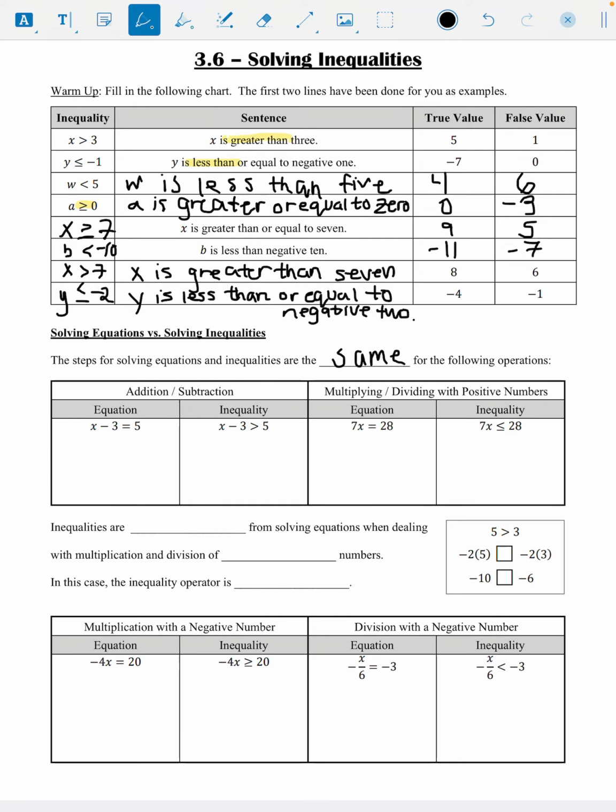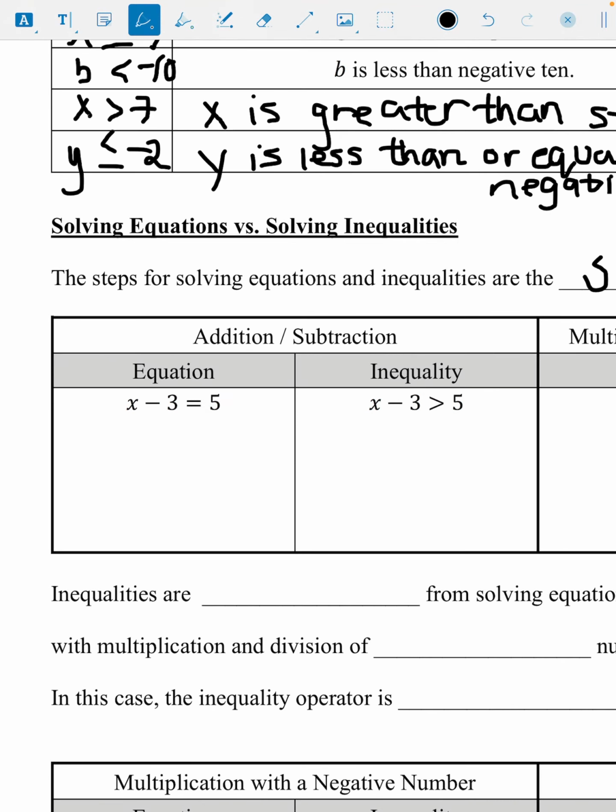Okay, so I hope you paused the video and tried it by yourself. So let's look at the first addition and subtraction equation and inequality. So for the equation, you should have x equals 5 plus 3, which means that x equals 8.